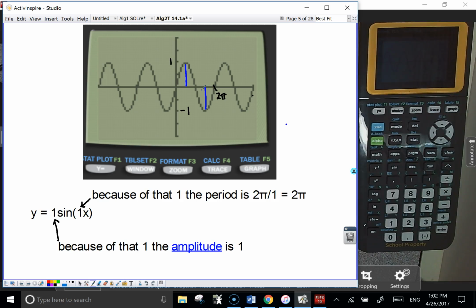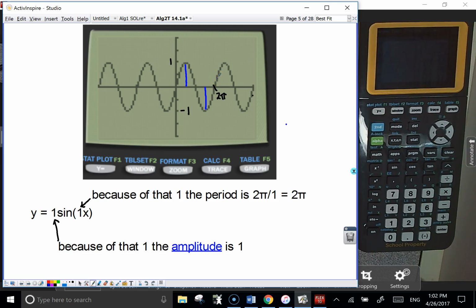In this case, because we didn't multiply the sine function by anything, it's just one sine of x, that means the amplitude is 1, right? If it was 2 times the sine of x, then it would go from 2 to negative 2, okay? The period is how long, on the x-axis, does it take to go through exactly one wave? And the answer is 2 pi, right? From 0 to 2 pi, it goes through exactly one complete cycle.